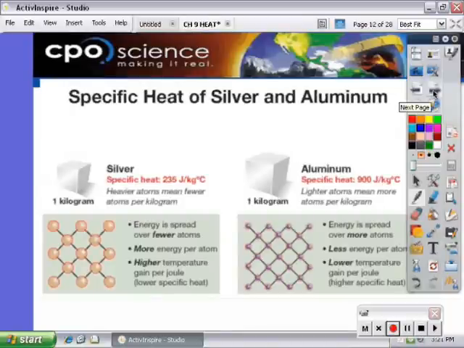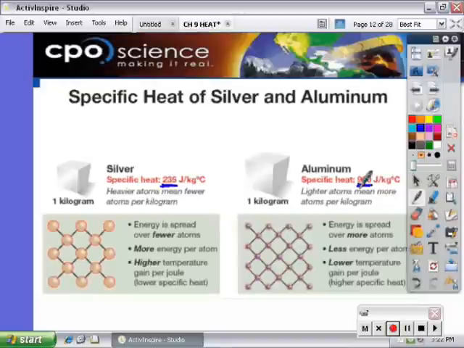If you heat up silver, silver has a specific heat of 235, which means that energy is spread over fewer atoms, so it's going to gain more heat and quicker. That's why silver has a tendency to melt. So you can melt down silver very quickly, whereas aluminum has a higher specific heat.